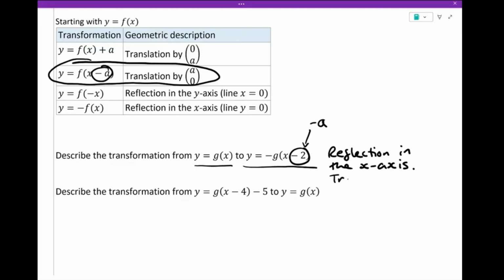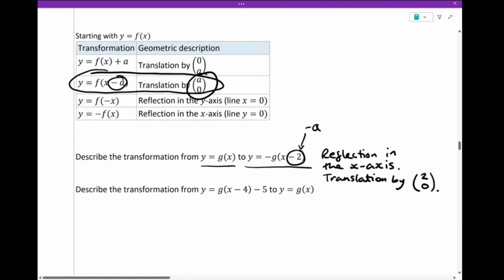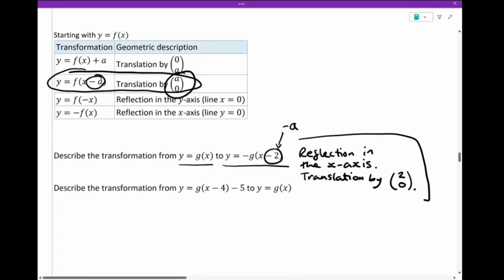It's going to be a translation by, and then we state our vector, which is going to be our value of a, which was 2, over 0, like that. Okay, so the transformation in this case would be everything I've written here. The order in which you write it won't matter at GCSE. You won't be given questions where order is significant. At A level, you'll encounter why order matters in some scenarios.